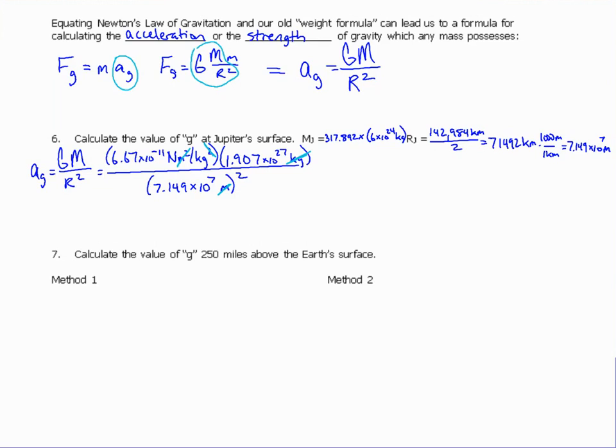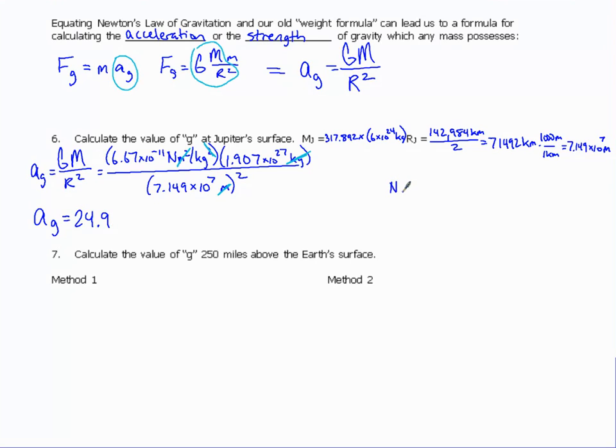So g equals, so here's 24.9. And let's pause and look at the units just a little bit more in depth. So write this down.